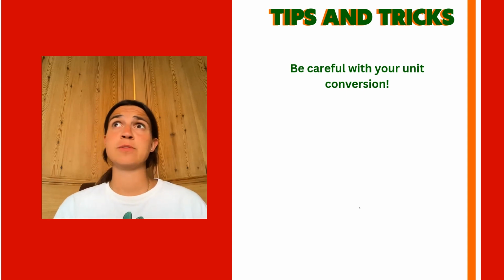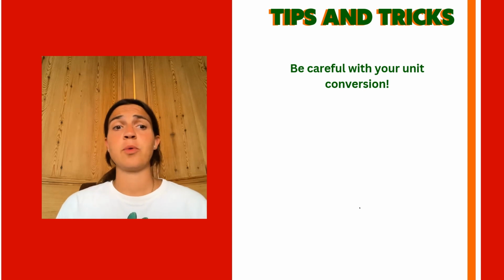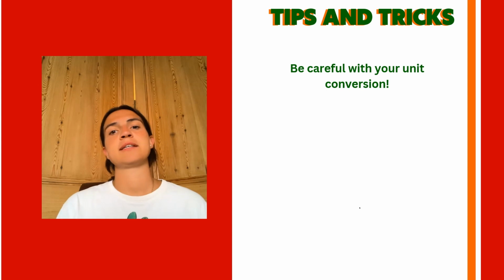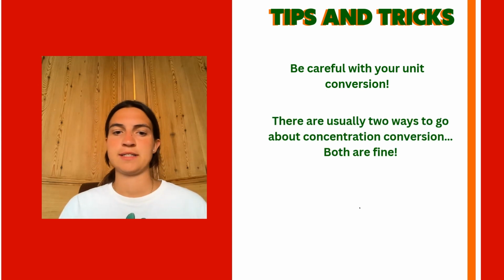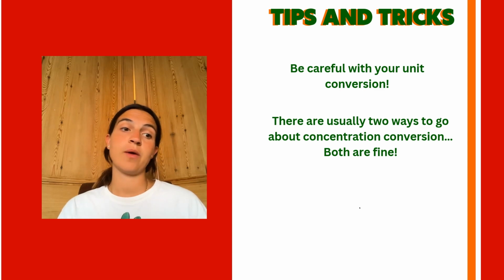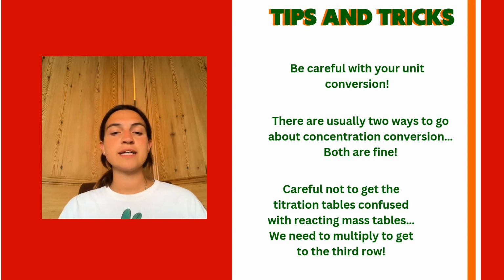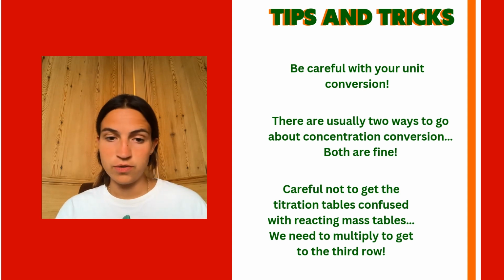And also you probably need your masses in grams anyway. If you're looking at concentrations, they're quoted as grams per decimeter cubed, so make sure you've got your masses there too. There are 2 ways to go with concentration conversions. Feel free to use either way, whatever feels best to you. They're both fine.